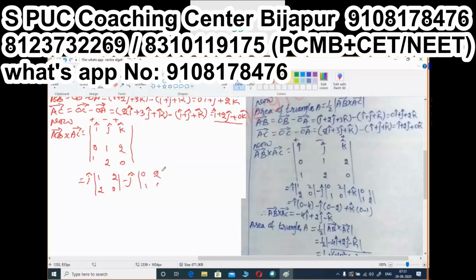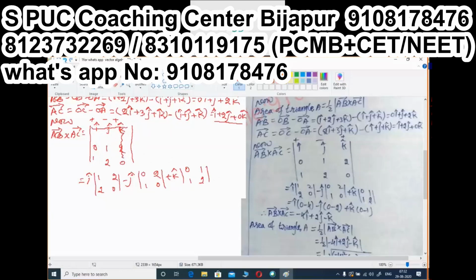See here, leave the complete column, leave the complete row, and write the remaining elements here. Next K cap of 1 0 1 1 2 0. You are leaving this complete column and you are going to ignore this complete row, then the remaining elements are 0 1 1 2.